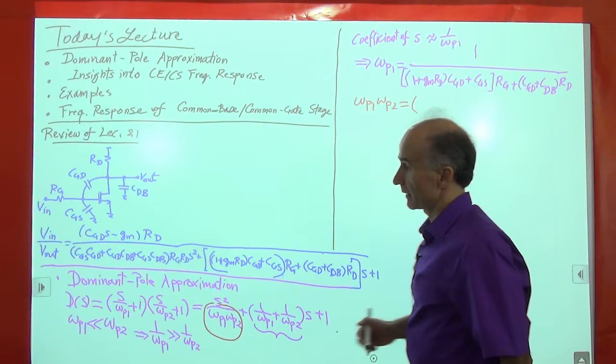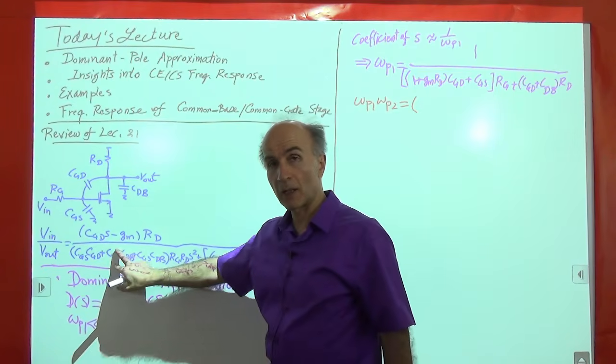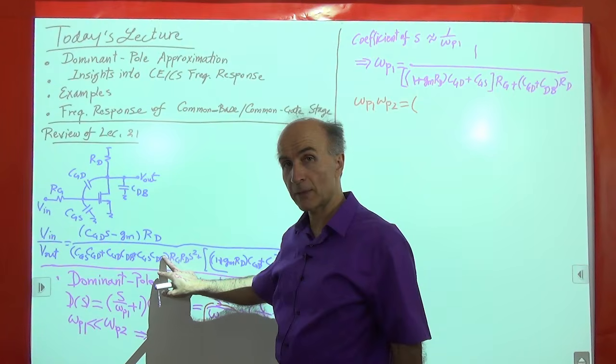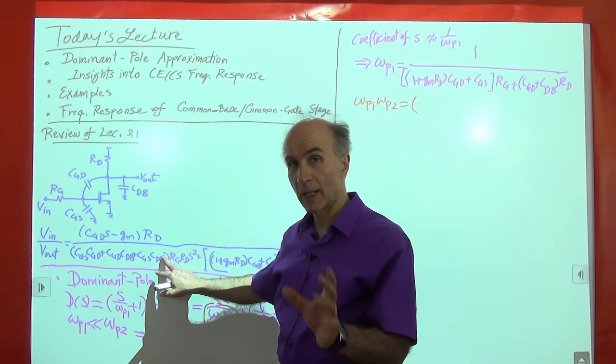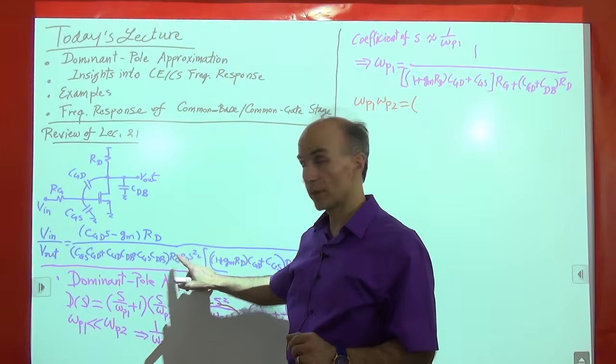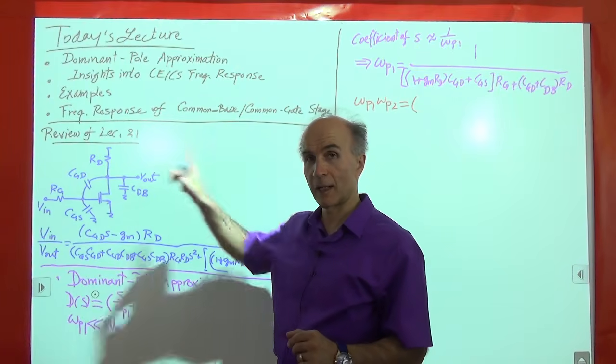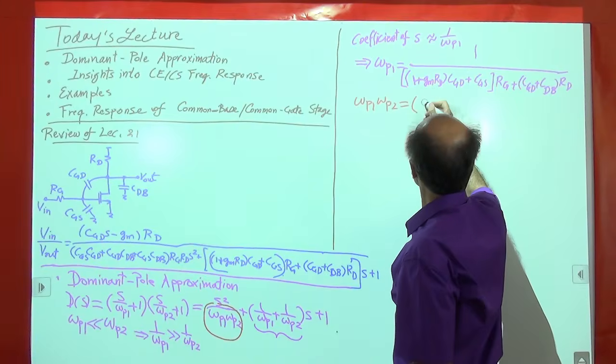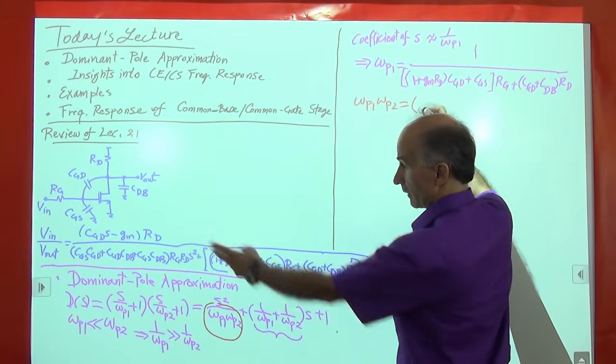So remember, this consists of the cross product of the capacitors, the three capacitors, all added to each other, and then multiplied by the two resistors that we have at the gate and at the drain. So that would be the inverse of all of this.